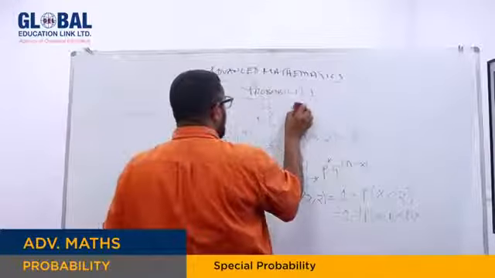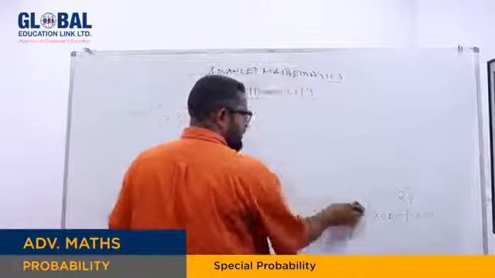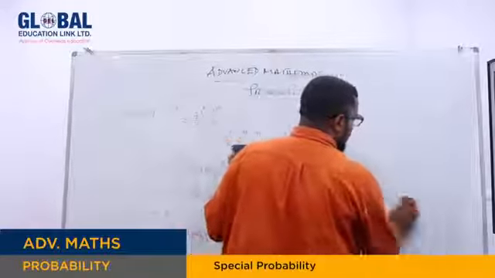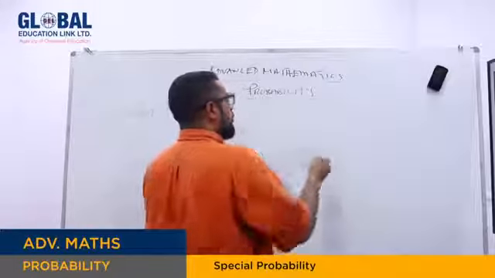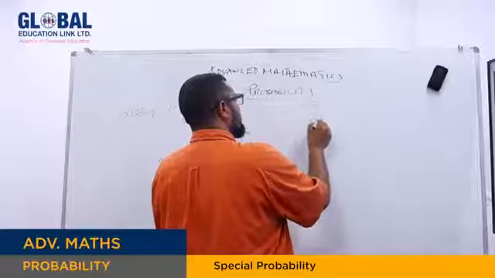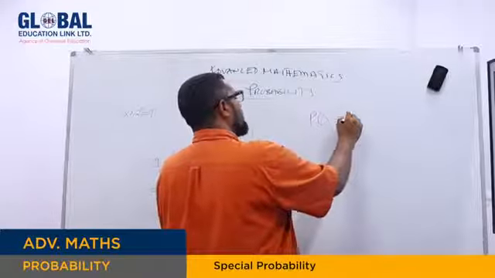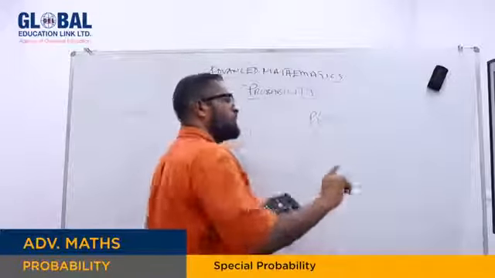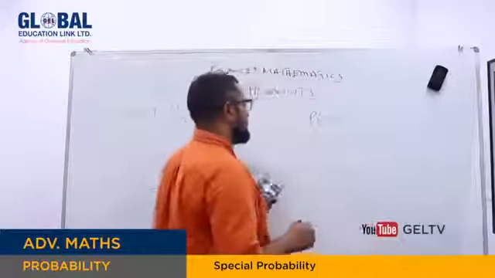In part B, we are asked to find, when all pumps are working, what will be the probability? So all pumps working means the same as taking when x equals 5. Remember, this x represents the number of pumps that are installed underground.